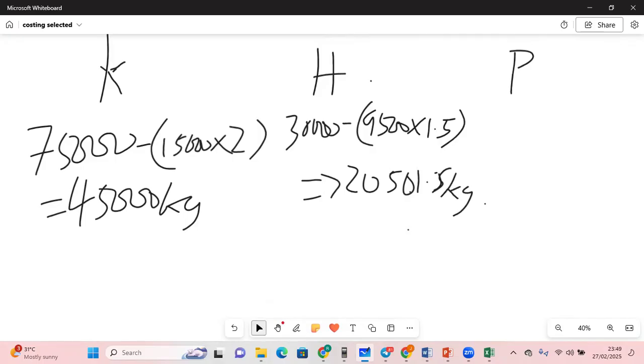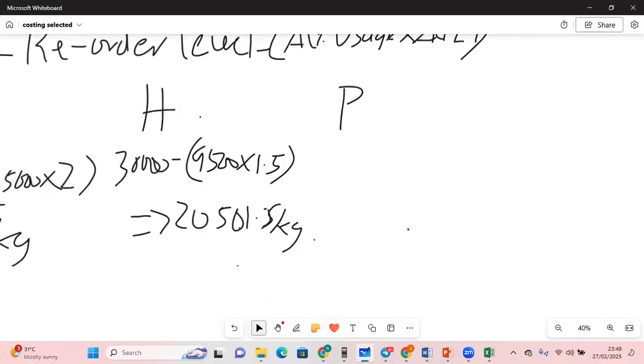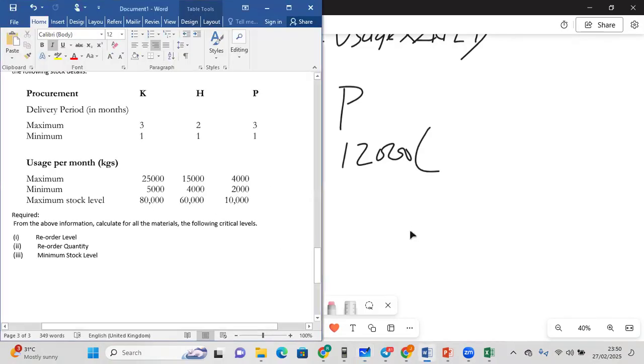Now let's move to P. For P, we have 12,000 as a reorder level. Now maximum usage plus minimum usage is going to be 6,000.